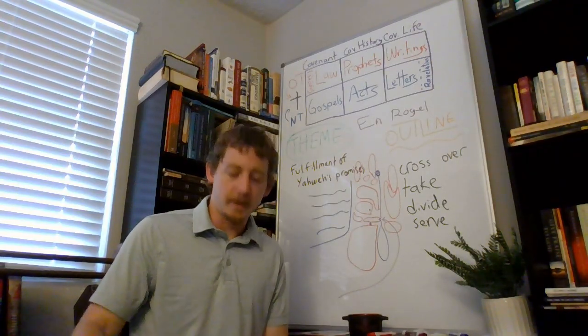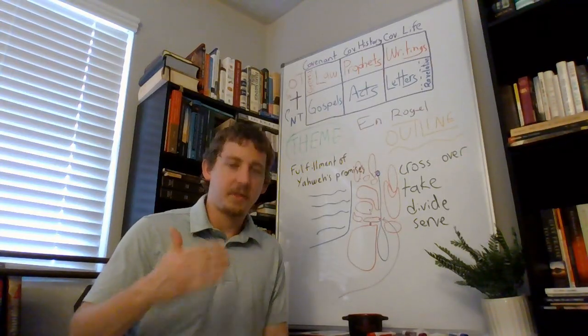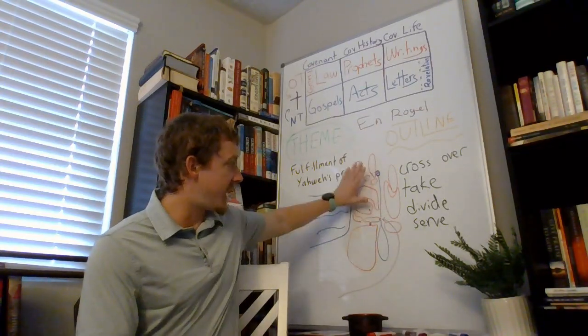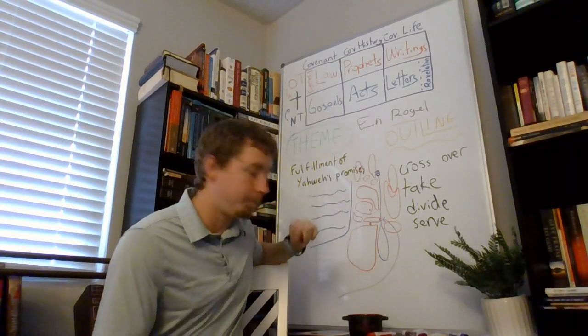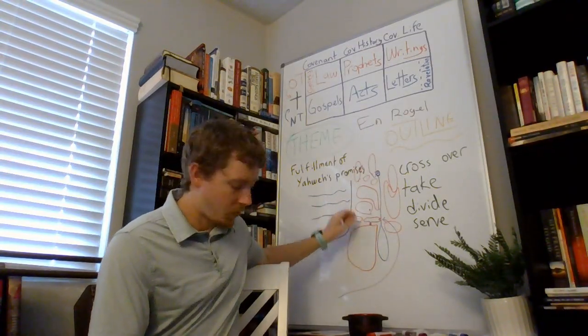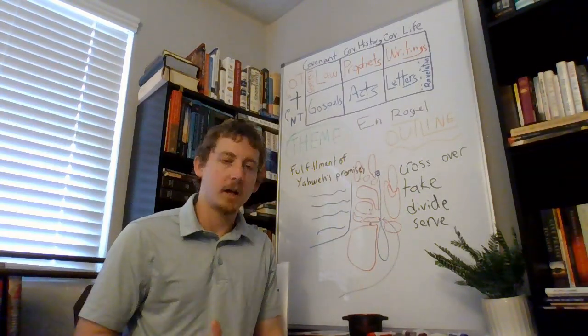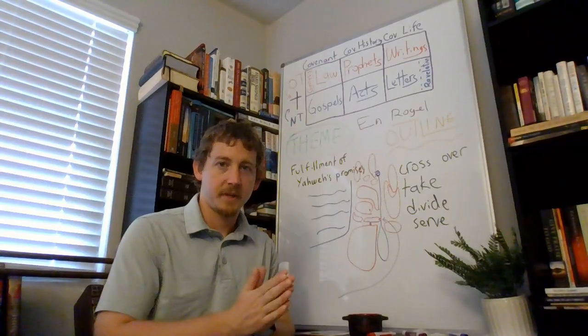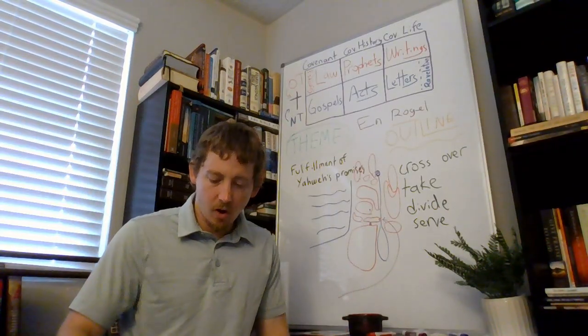There's still work to be done. But then when we get to this inheritance on this side of the river, it begins not with a tribe. It begins with Caleb getting land.